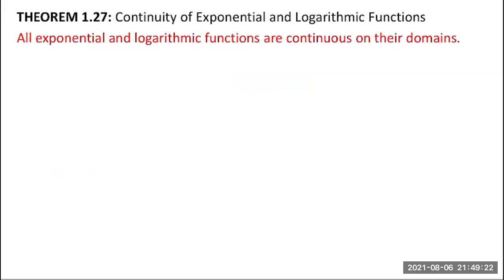Okay, the next theorem I want to go over is theorem 1.27, continuity of exponential and logarithmic functions. Here is the theorem: all exponential and logarithmic functions are continuous on their domains. Here is an example of an exponential function, and here is an example of a logarithmic function, ln of x.